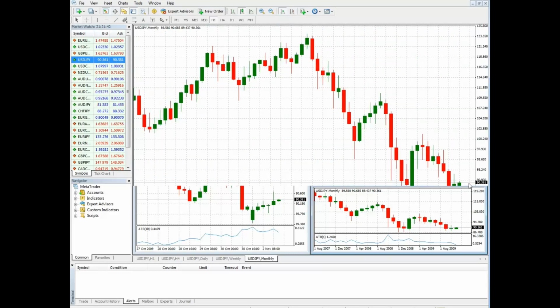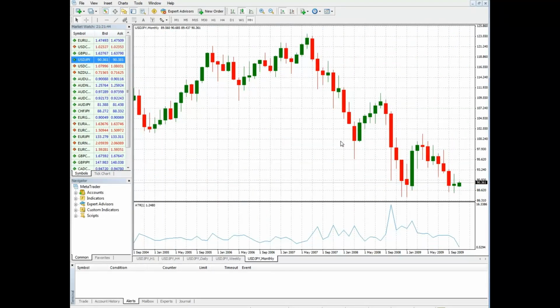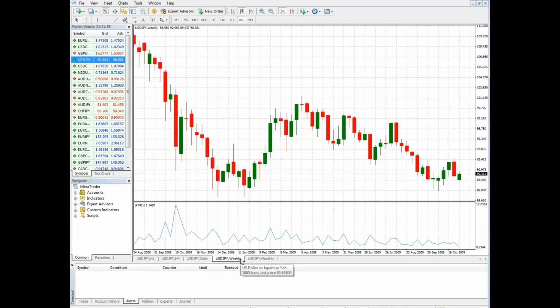Let's see what the US dollar Japanese yen looks like. Monthly, could be some bottoming out there. Let's see weekly, what the weekly looks like. Okay, just approaching some previous lows back here from December 08. That's interesting.